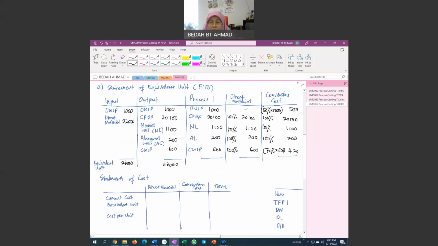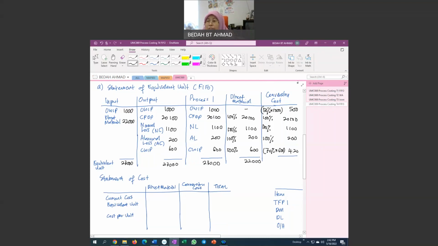Okay, so now we can calculate how much is the equivalent units. The equivalent units here for process 1 is 23,000. For process 2 it is 22,000, which is 2,100 plus 1,001.